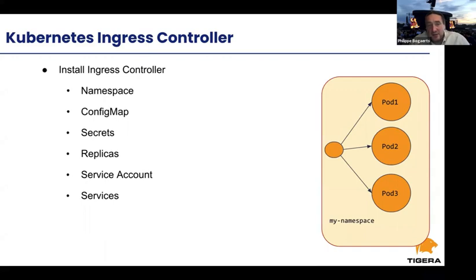Since it is very often Envoy or nginx or something similar, it means that on one side, an Ingress controller is actually talking to the Kubernetes APIs to figure out all the pods and services.